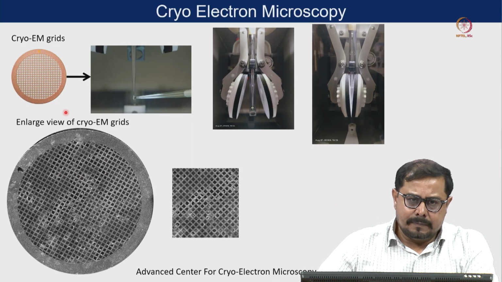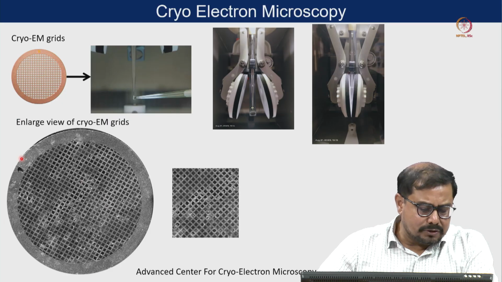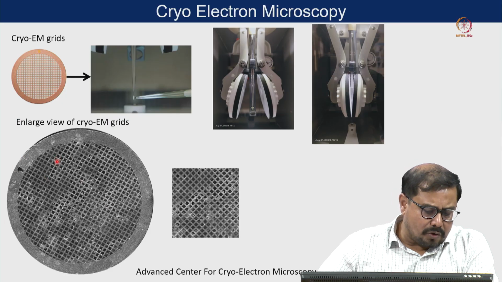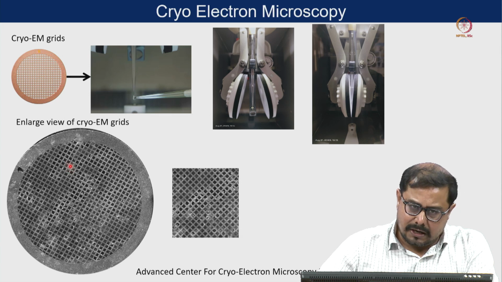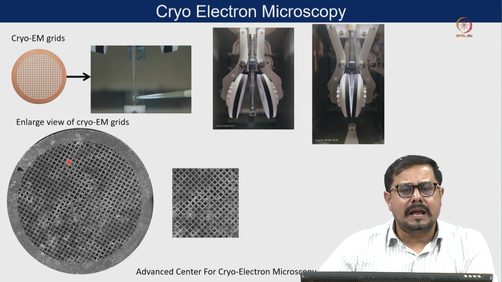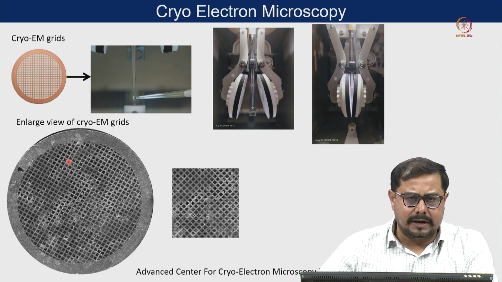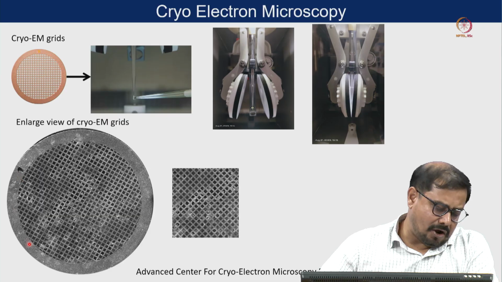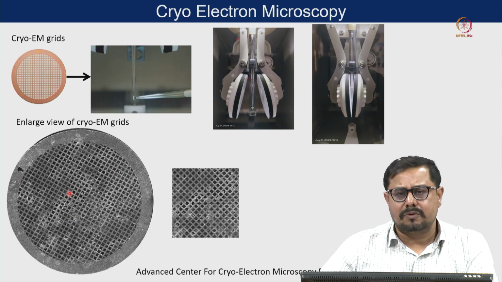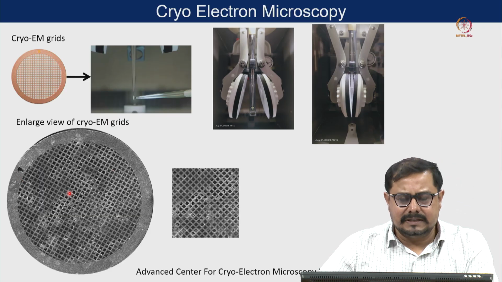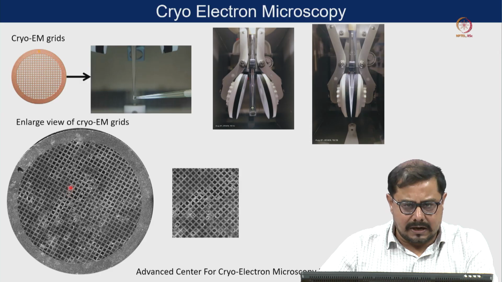Here if you look at this one, those are the squares we are looking at, individual small squares. I already discussed that grids will be 400 mesh, 300 mesh or 200 mesh. Based on how many squares there are, we mention whether it is a 300 mesh grid or a 400 mesh grid.